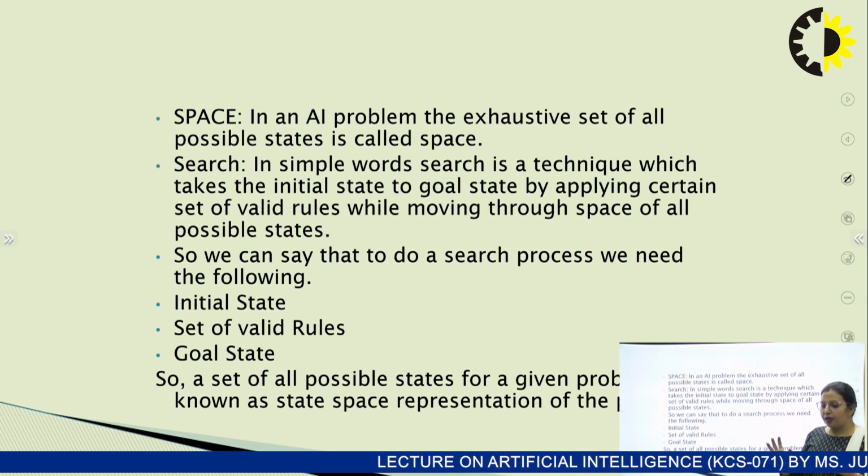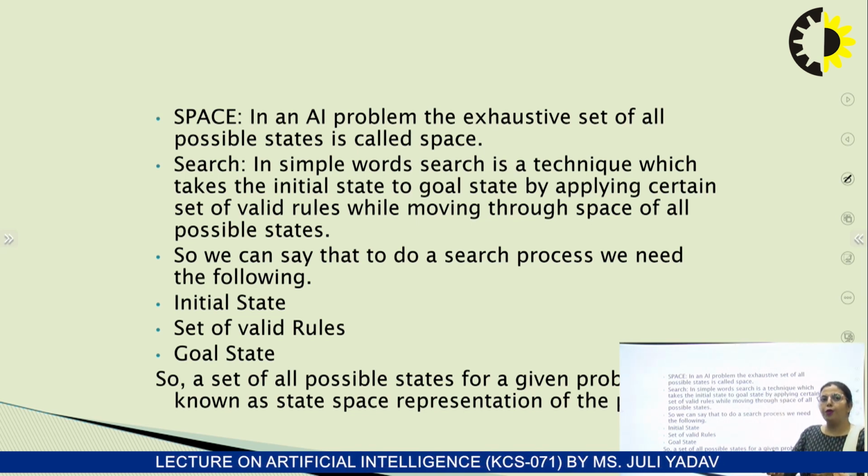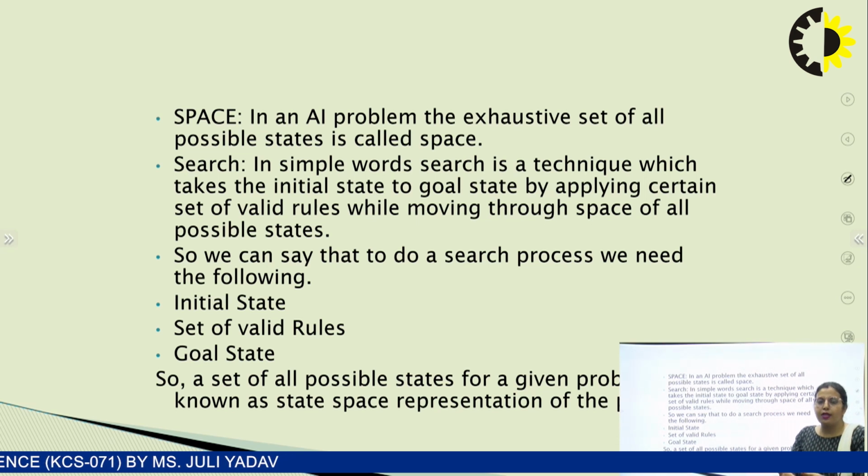It means there are n number of states that you need to follow, and there are many other states that could also be used, but you didn't explore or reach them. The combination of all those states that you are following and the states that you are not following makes the space.